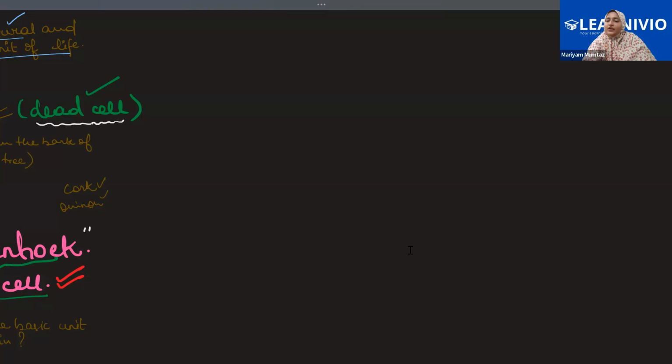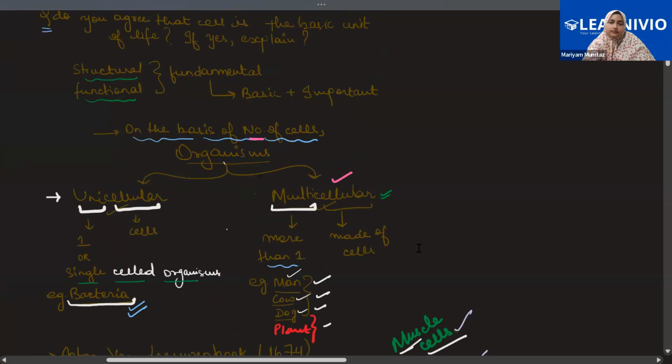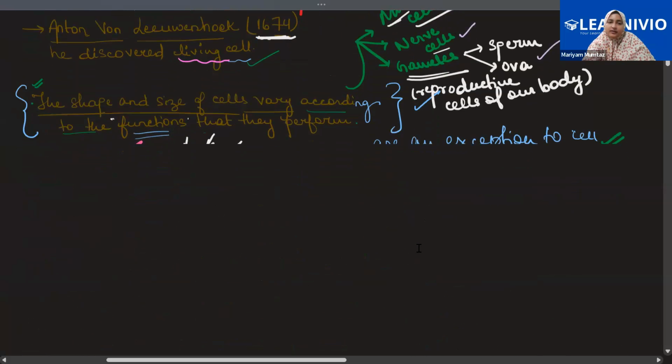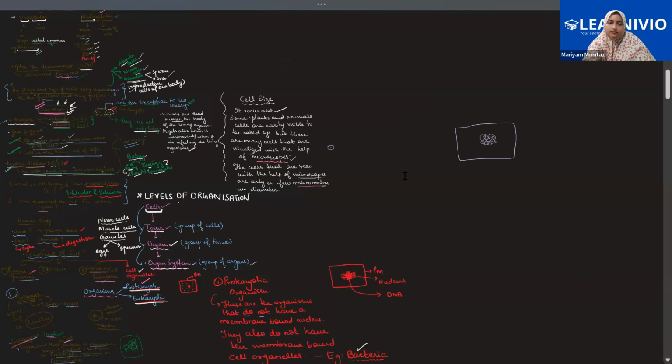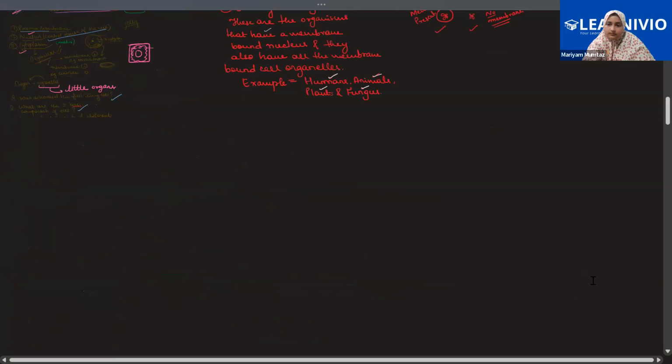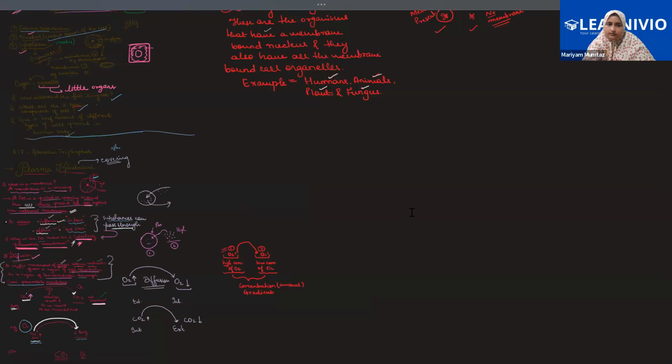All right, very good. Now tell me, if we talk about the cell as being independently existing, then what do I mean by division of labor? Certain functions that are divided onto certain organelles in the cell.